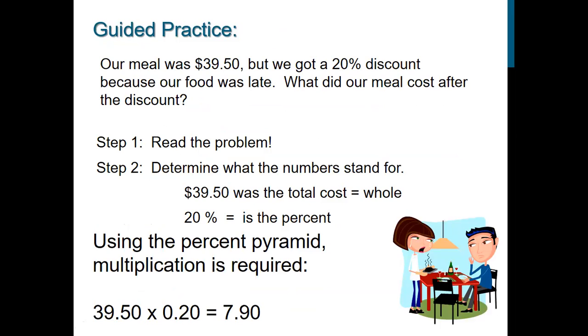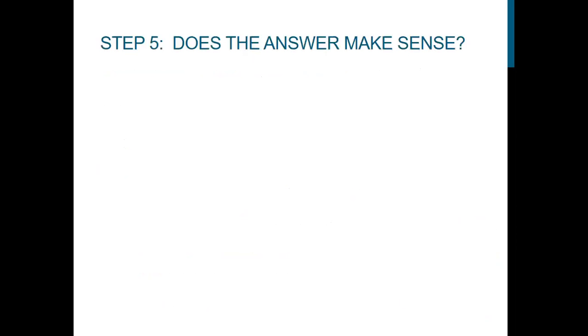We use multiplication. We do 39.50 times, and remember we turn the percent into a decimal, times 0.20, and you get 790. I know it might say in a calculator 7.9, but if we're talking about money, we need to go 2 places past the decimal. So think to yourself, 790, does that answer make sense?